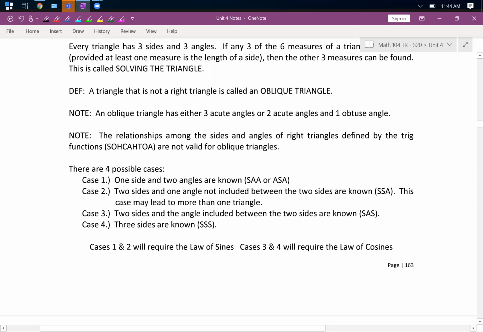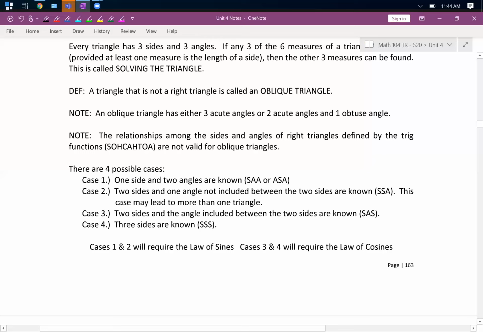Please note that an oblique triangle is either going to have 3 acute angles or 2 acute angles and 1 obtuse angle. Also, as I mentioned, the relationships of SOHCAHTOA are restricted only to right triangles and are not going to be applicable to any of these oblique triangles.